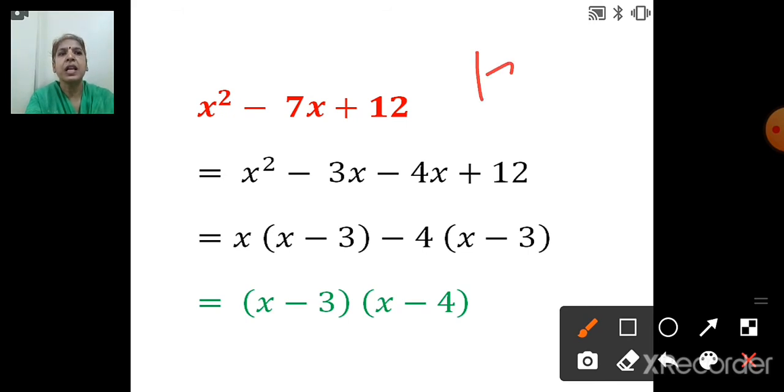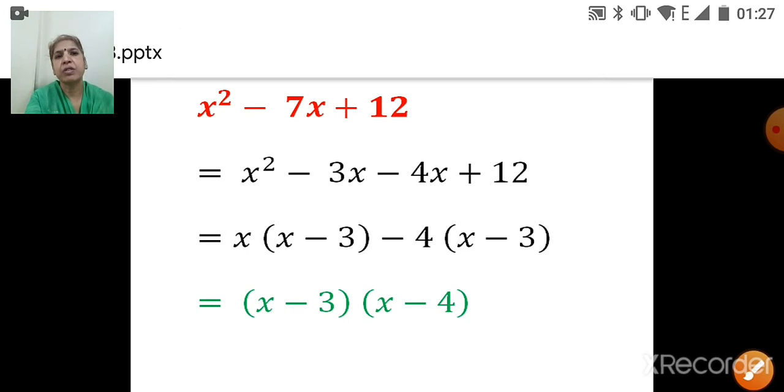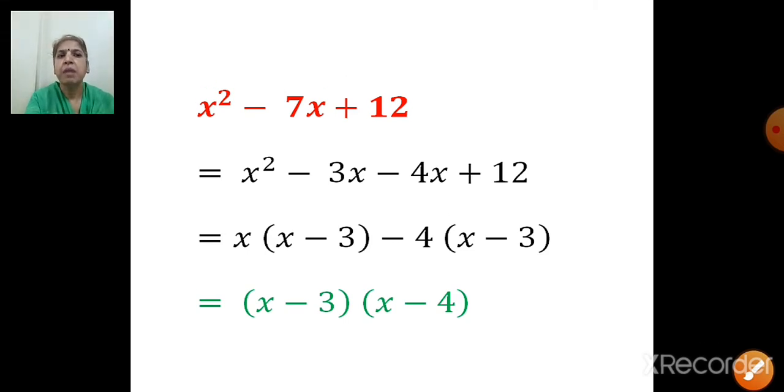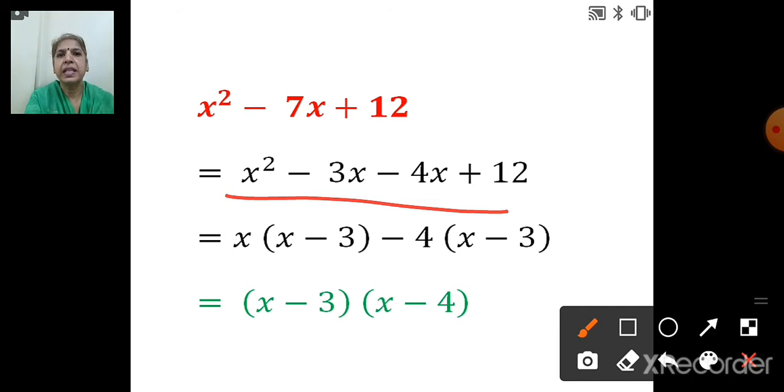Factors of 12, that is 3 and 4. And the sign of the middle term we give to the greater, and the product is a positive factor, so both will have negative sign. So our factors are minus 4, minus 3. So we will now write x square minus 3x minus 4x plus 12.